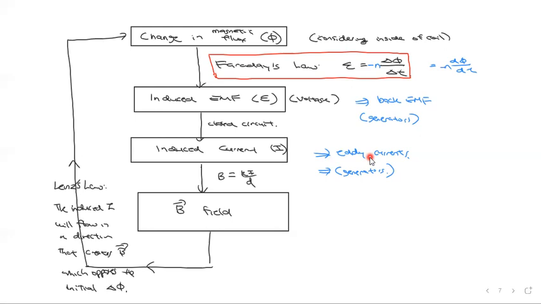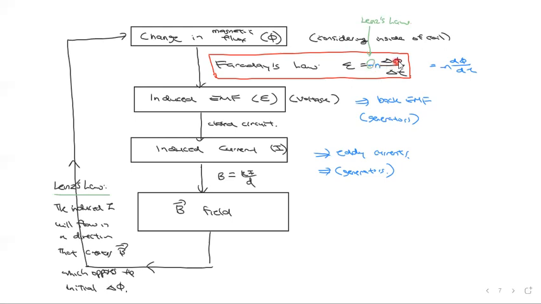So just to be clear, let's point this out now. This negative here is basically Lenz's law. In your formula sheet, you'll see Faraday's law written with a negative. That negative is only indicating direction, which basically comes from Lenz's law. And if you see it with an N, it's just representing the number of coils. So if you think of phi as the change in flux in one coil, then if you have more than one coil, you multiply by N to get the total number of coils.